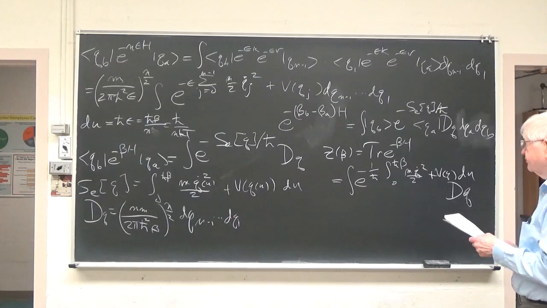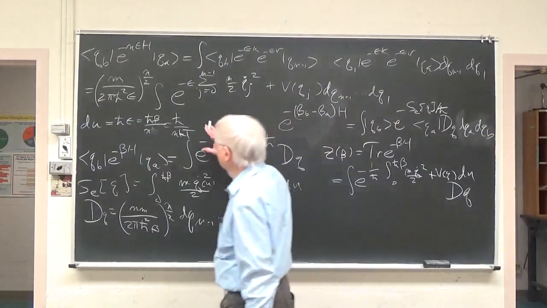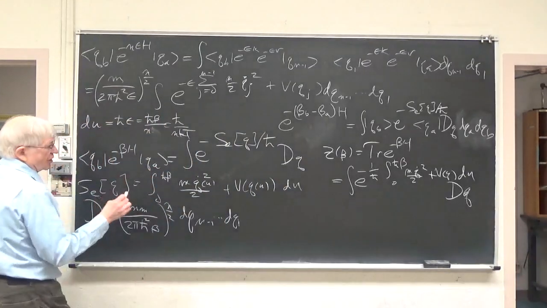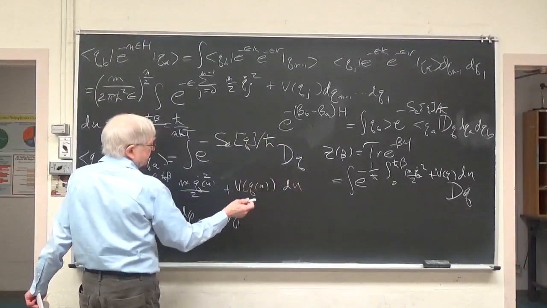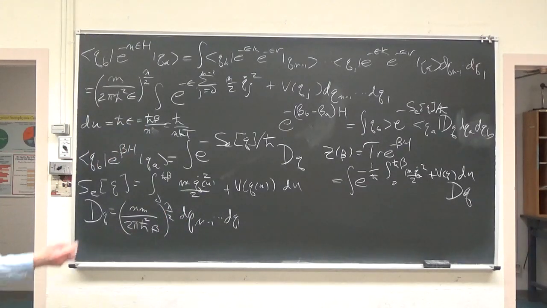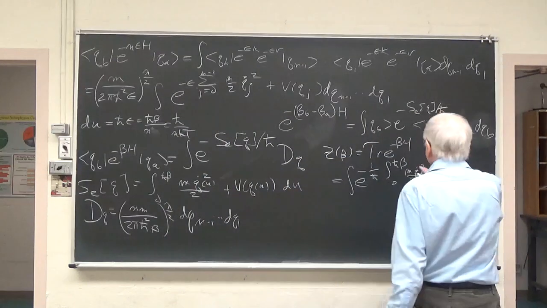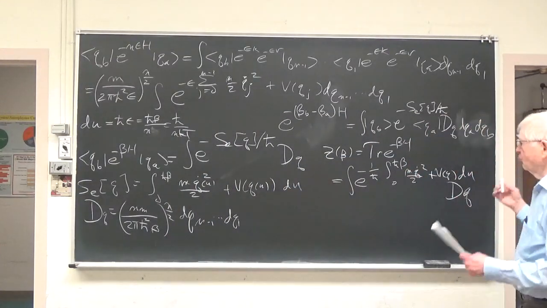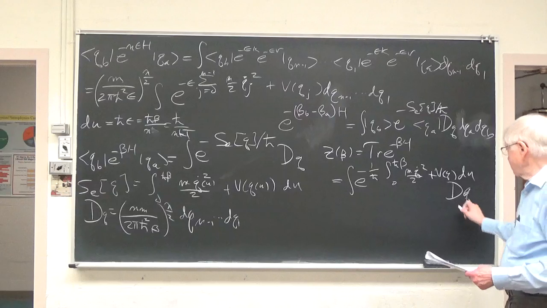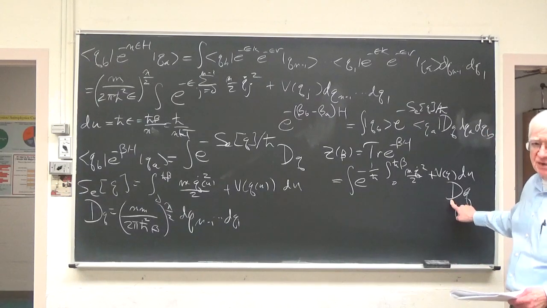And whereas over here we were integrating over all paths that go from QA to QB, here, since we're taking the trace, we're integrating over all loops. So this is an integral over loops. In other words, QB is equal to QA.